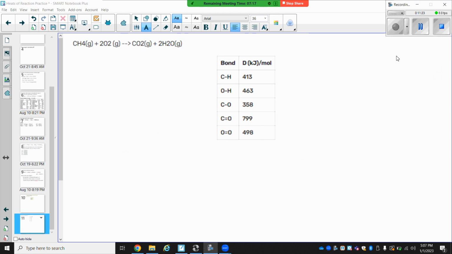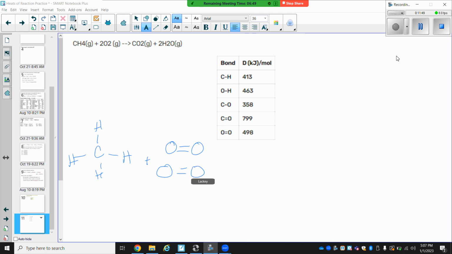All right, so looking at this reaction, we have CH4 and 2 oxygens producing carbon dioxide and water. So like I said, if it helps to draw these out so you can see the bonds, I would do that first. So CH4 is all single bonded. Remember, oxygen is double bonded, and it does tell us there are 2 oxygens.